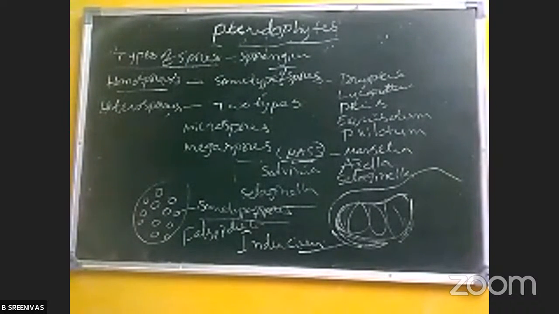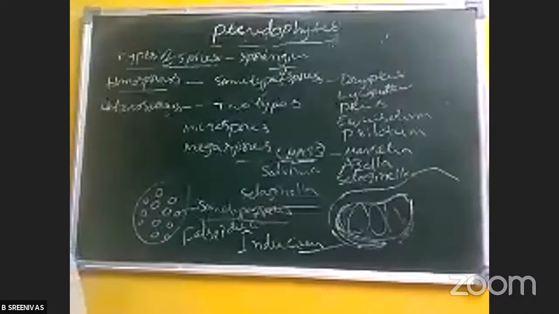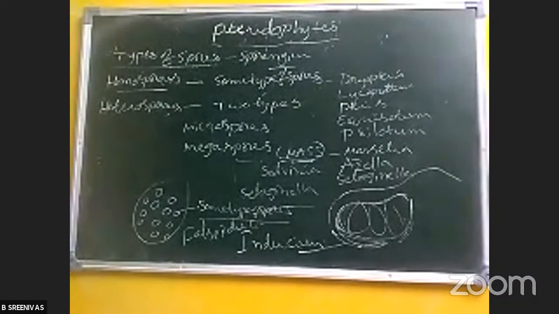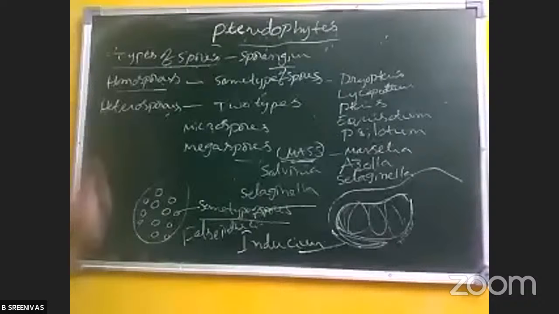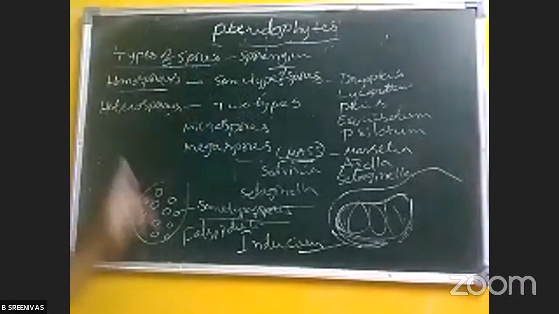Okay, if it is completed, say yes. Homosporous means same type of spores. Heterosporous means two different types of spores.